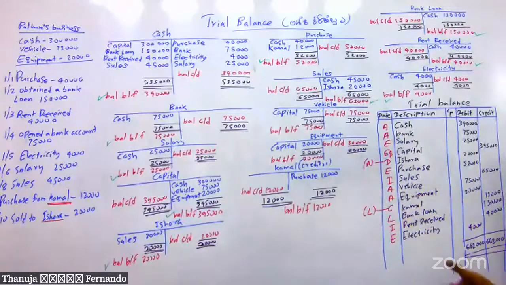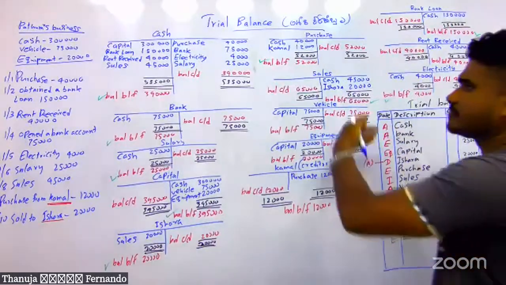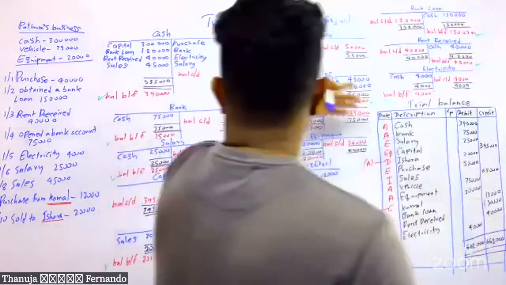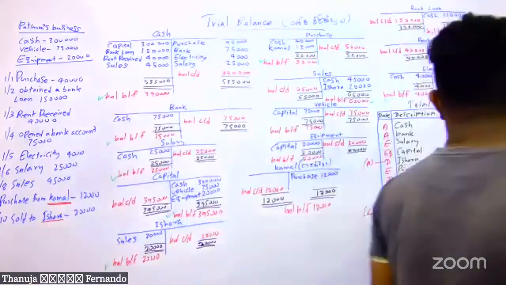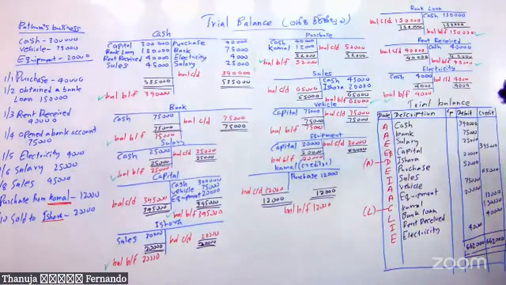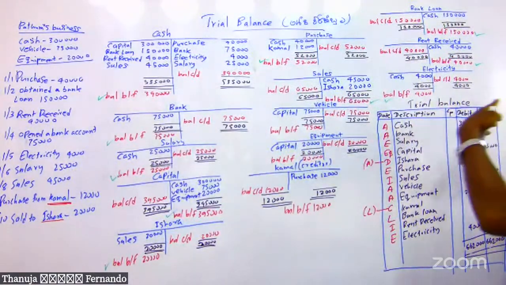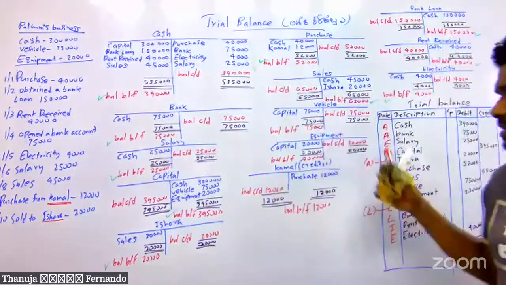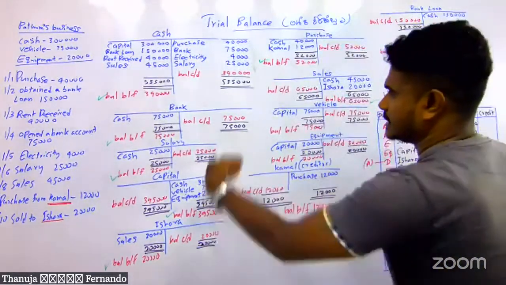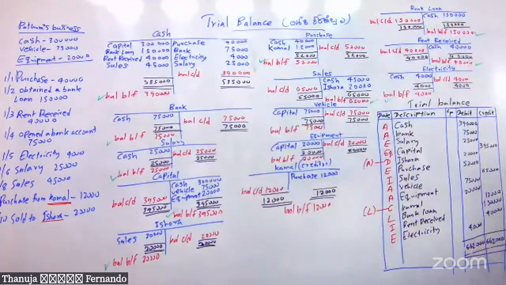The summary of all these accounts. If we have this, then we have the summary of all these accounts. These are in detail, and this is a summary, right?